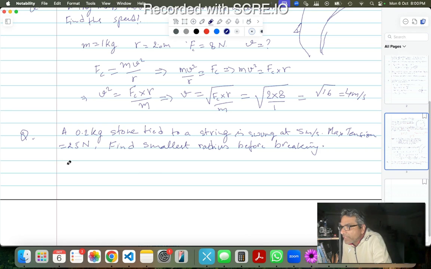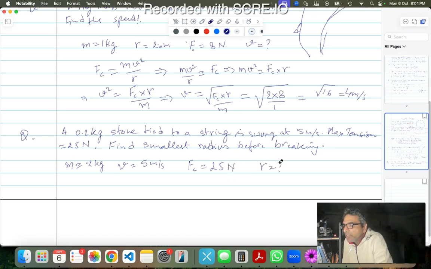Okay, let's see what is given. M is 0.2 kg, v equals 5 meter per second, Fc is 25 Newton, right? What are we looking for?